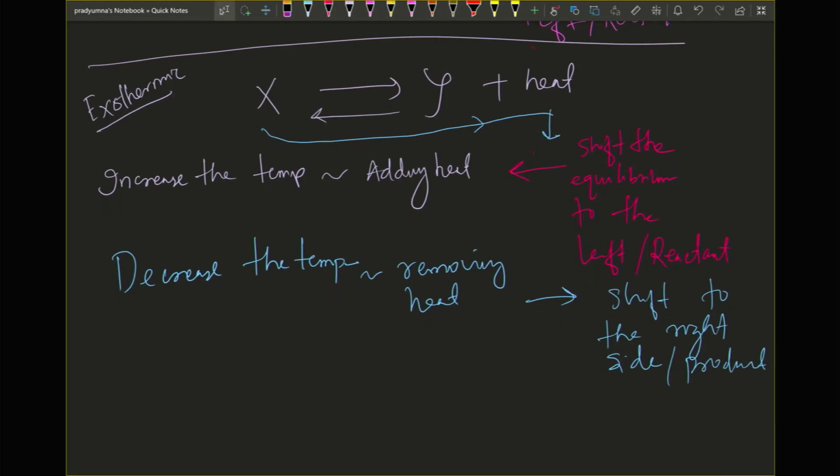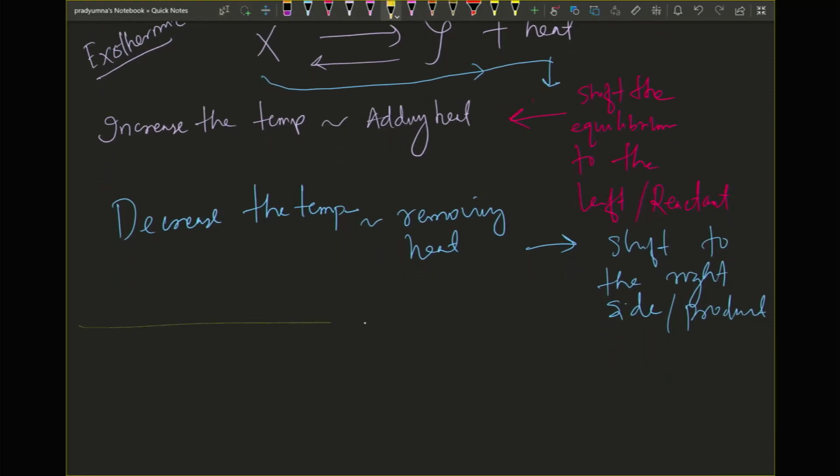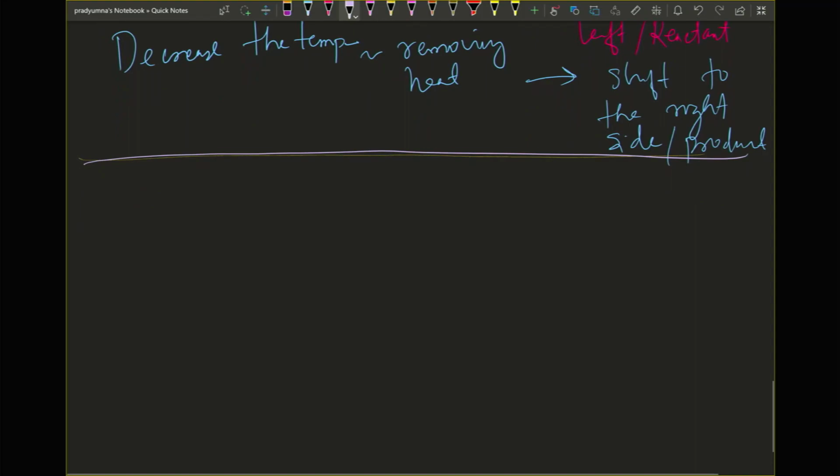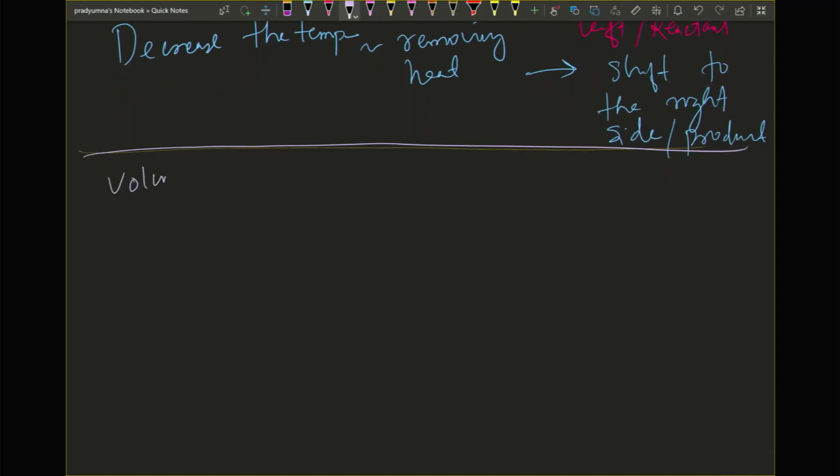So now we're gonna look at what would happen if there is a change in number of moles. So number of moles is also similar. So effect of volume.